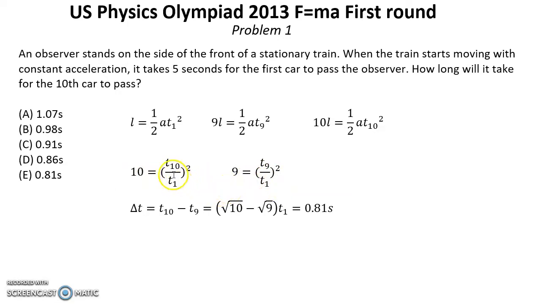Now we can express T10 and T9 through T1 and subtract the time for 9 cars to pass the observer from the time for 10 cars to pass the observer. That will be the total time to pass car number 10. And finally we have 0.81 seconds, which is answer E.